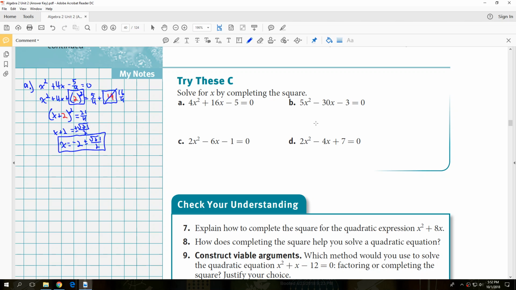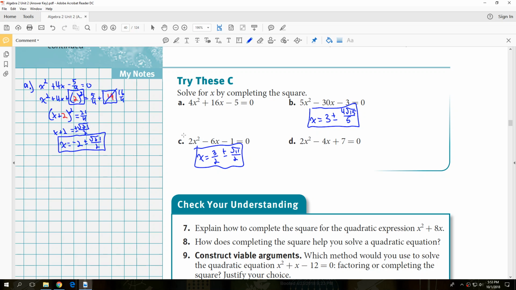So B, doing the exact same process, we should end up with x is equal to 3 plus or minus 4 times the square root of 15 divided by 5. And C, we should end up with x is equal to 3 halves plus or minus the square root of 11 over 2.